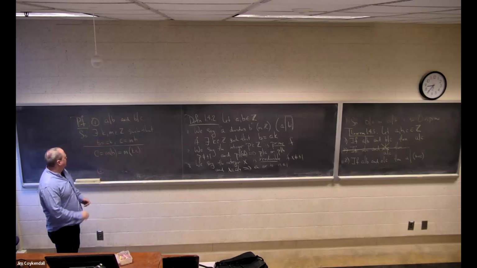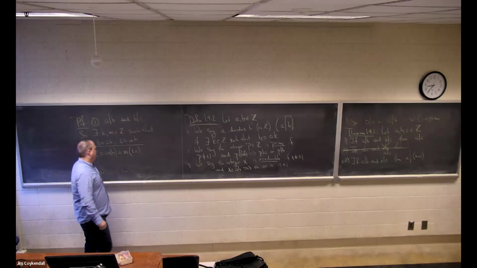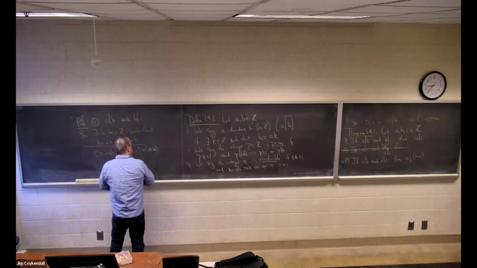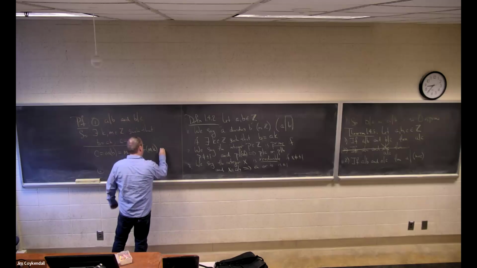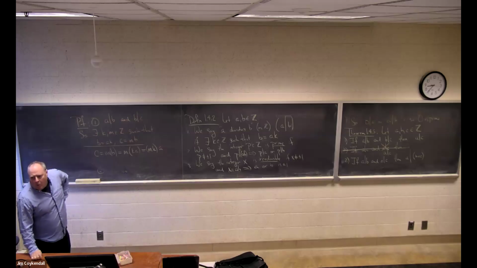B is a multiple of A. Now, what do I know about M and K?